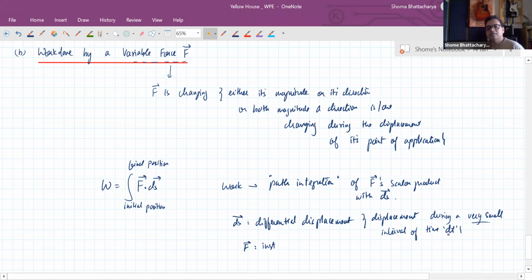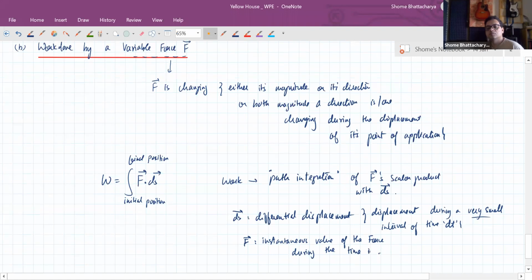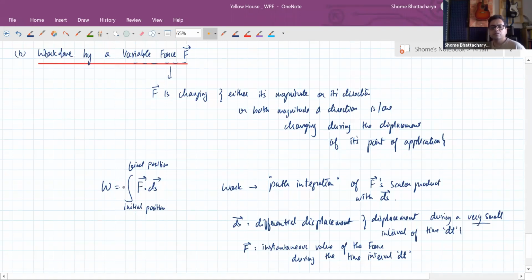So it is at that instant of time dt, whatever the value of force, that instantaneous value is given by the vector F. So note down this definition, and once again we'll understand its application with examples.